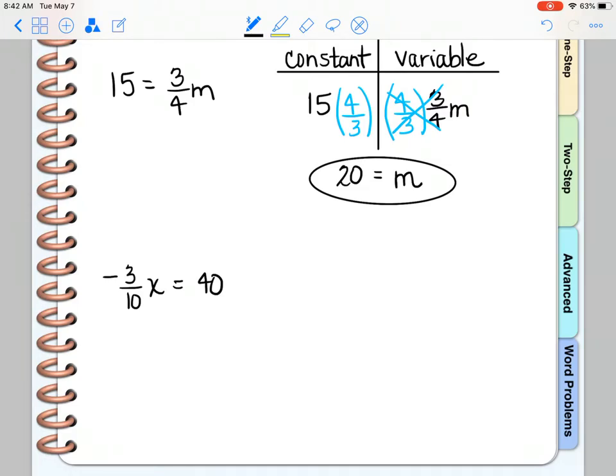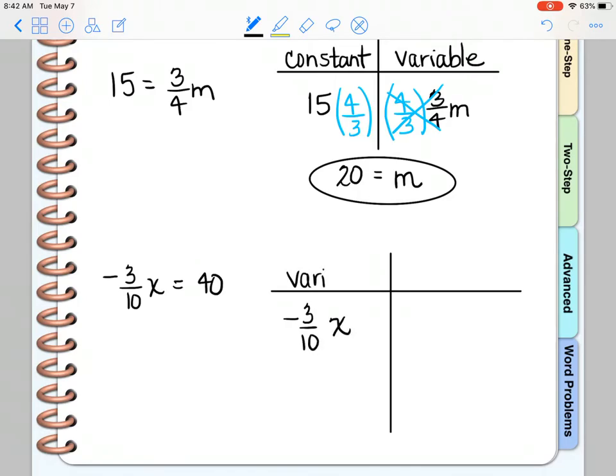So when I write this into the solving frame, I would have the -3/10 x, so this is the variable side. And then 40 is the constant side.